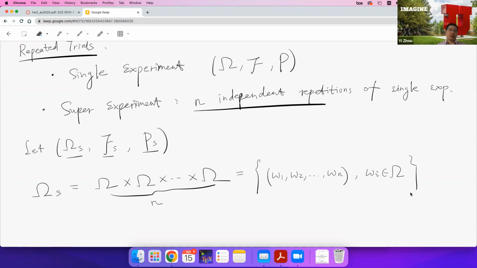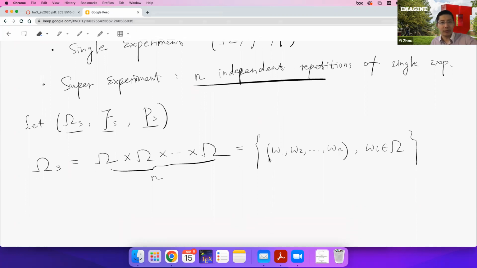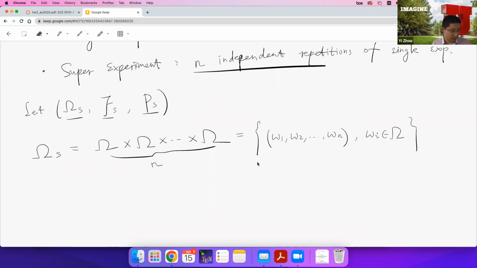Therefore, when we talk about one outcome of the super experiment, we need to look at one realization of all these independent experiments. So this is the outcome space, which is very, very straightforward, right? We just put every individual outcome together.